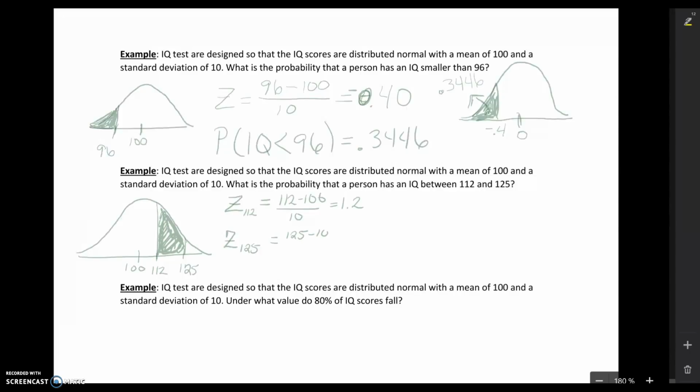So I'm going to take 125 minus 100, that is 100 up there, divided by 10, and you should find that that is 2.5. So in terms of our standard normal curve, which is centered at 0, we want the area between 1.2 and 2.5. And remember that these areas are exactly the same.